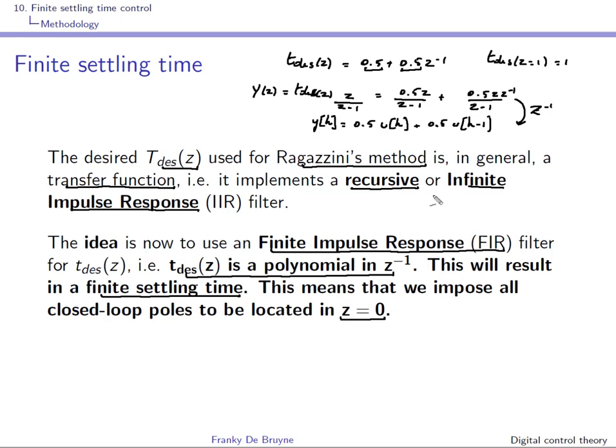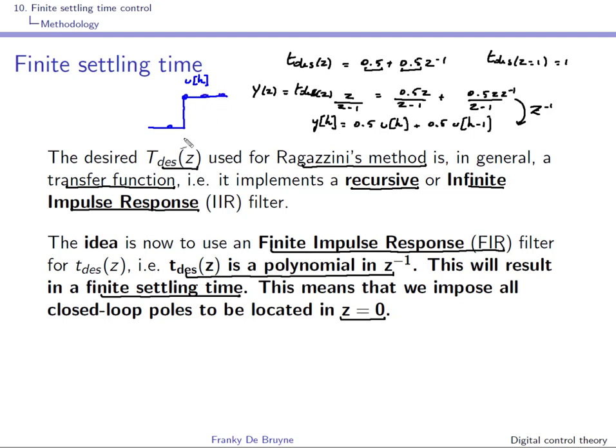Okay, so if we have an input that is the following, so we have u of k over here, 0, 1, 1, 1.